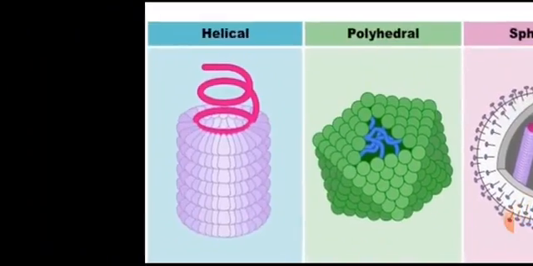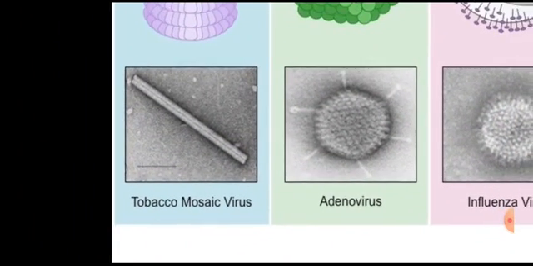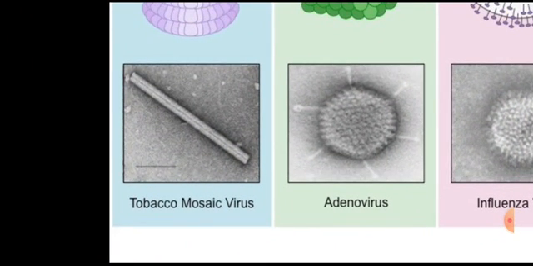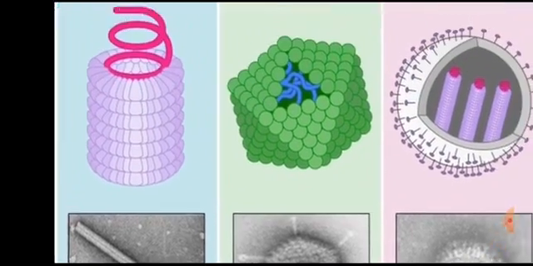Below that you can see the electron micrograph of TEM. This is how the virus looks under an electron microscope. They are too small, therefore we cannot make use of a compound microscope. So we need a microscope with higher resolving power, that is the electron microscope.